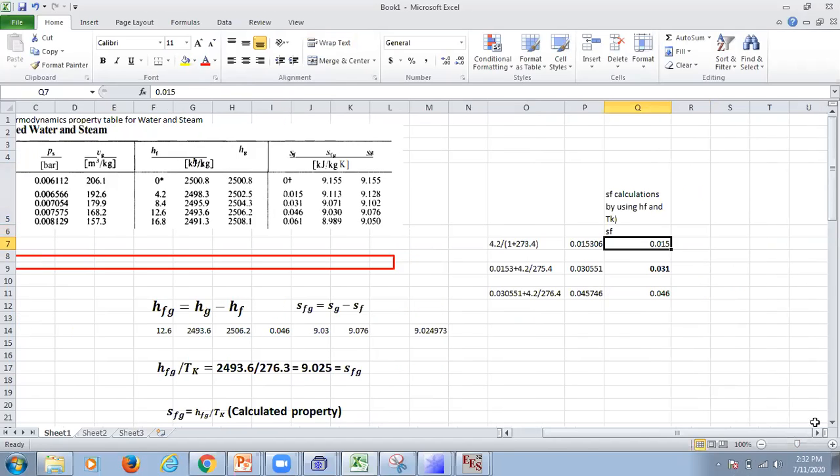And then I am going to calculate the SFG value.